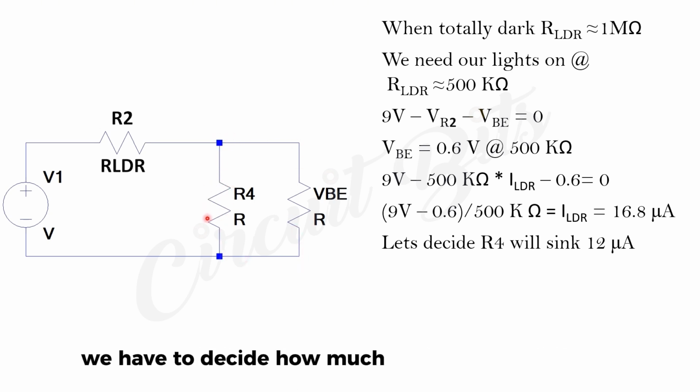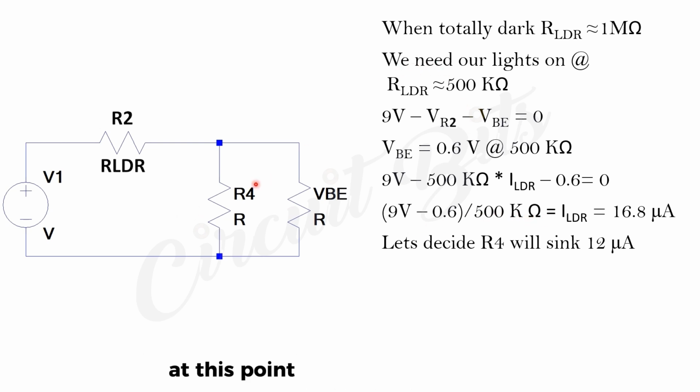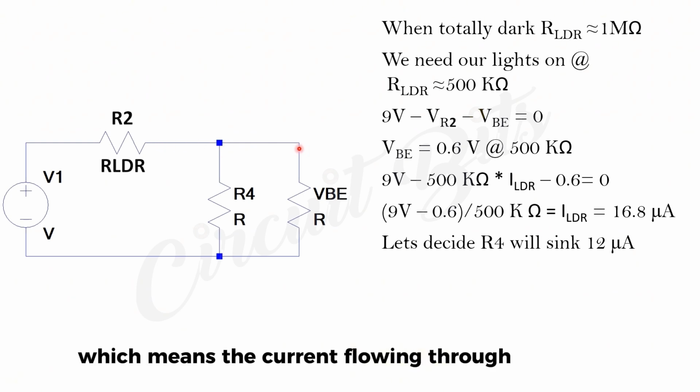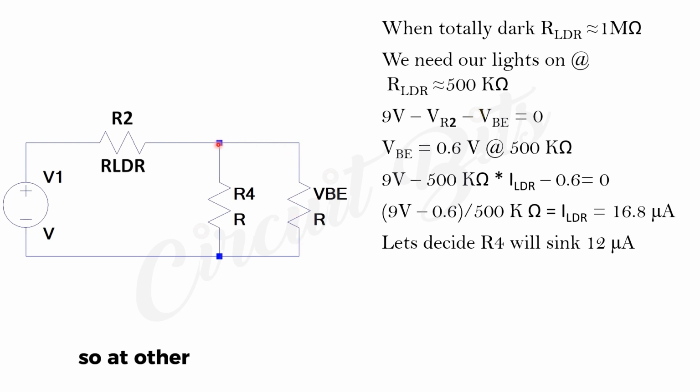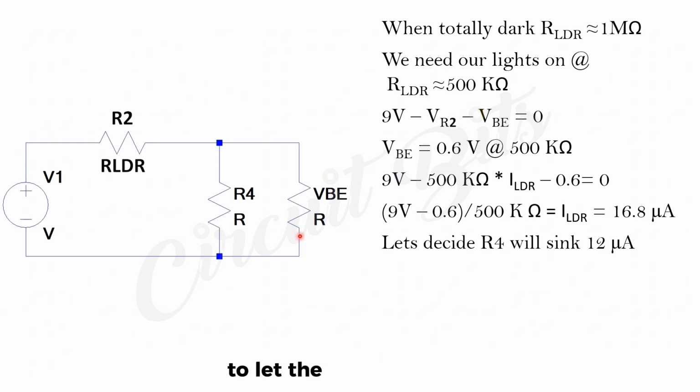We have to decide how much current we want RO4 to sink, and we have to make it most of the current, because at this point where this voltage is 0.6, we want that to be the point where our light turns on, which means the current flowing through VBE should be minimal. So at other resistances, the current through VBE would increase, to let the LED turn off.